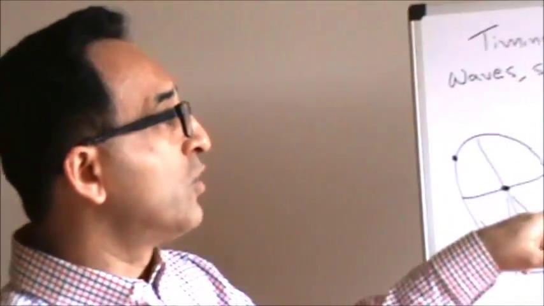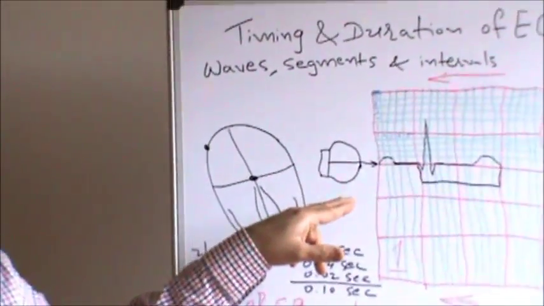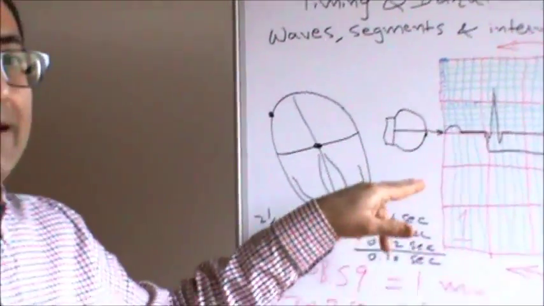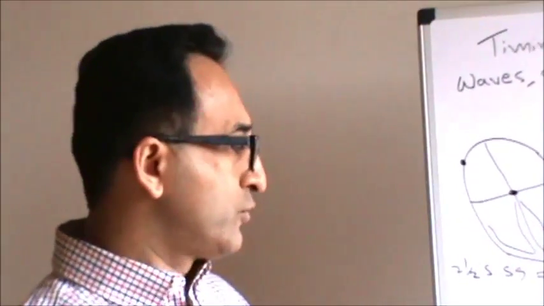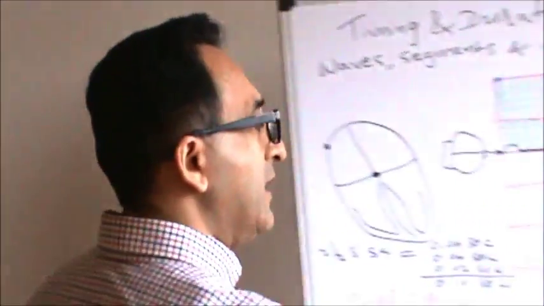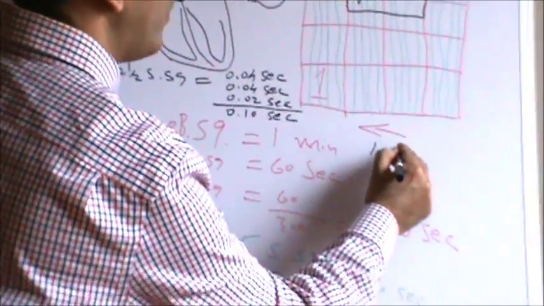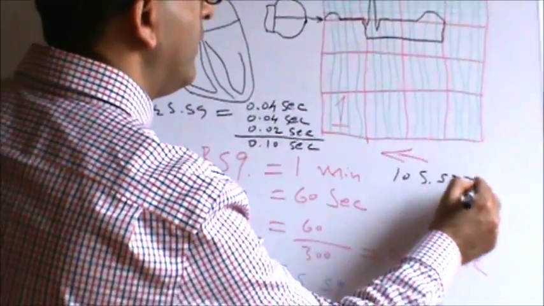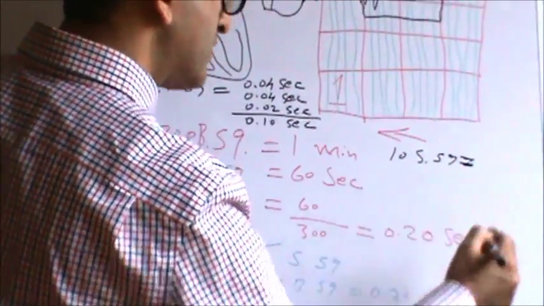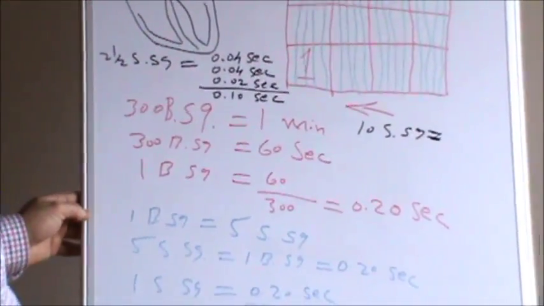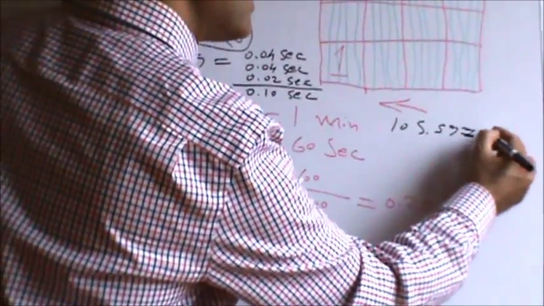Likewise, when you say 10 small squares for the QT interval, it may happen that instead of 10, it is 11. So simple math, simple logic: when we say 10 small squares, it boils down to how many seconds? Do the simple math.